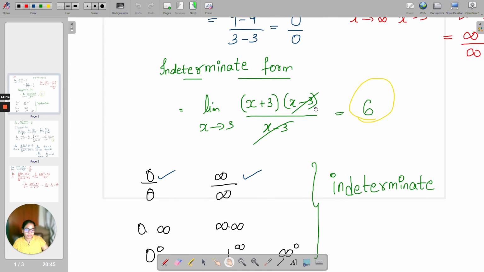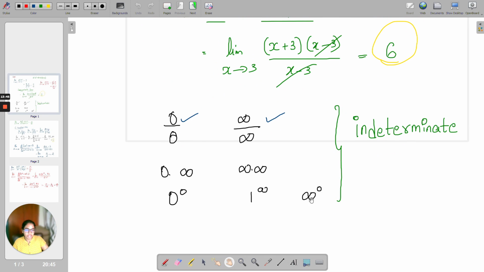So some of the indeterminate forms are 0 by 0, infinity by infinity. For 0 by 0 and infinity by infinity, we have a method to solve these types of problems, that is called L'Hospital's rule. All these others are also called indeterminate forms.